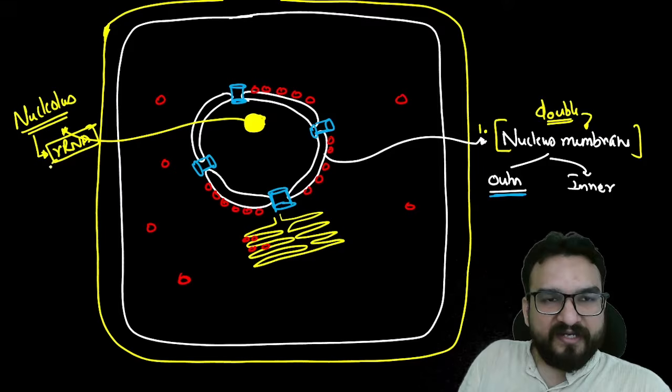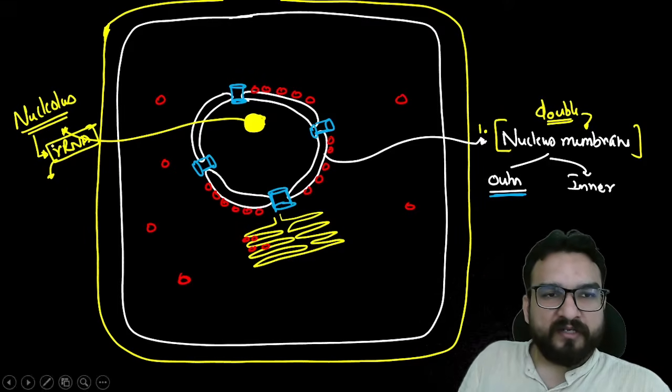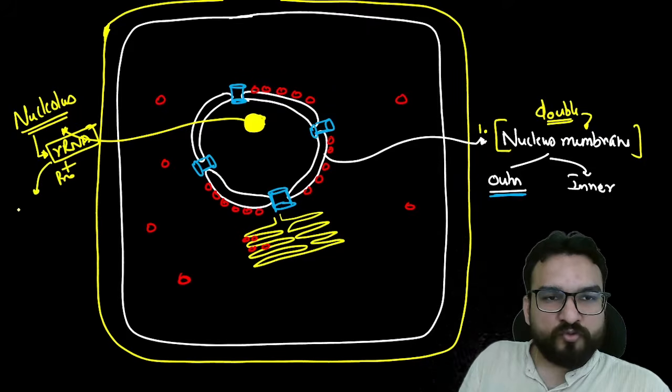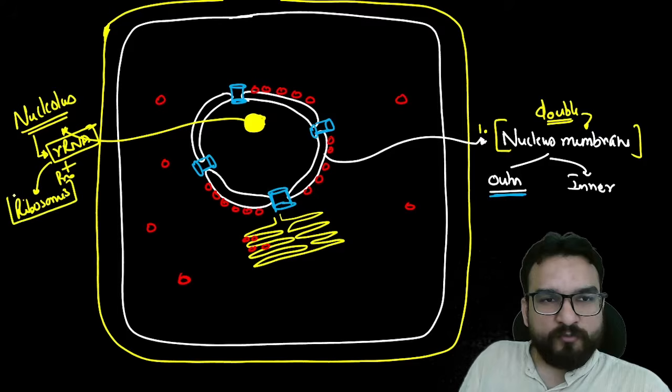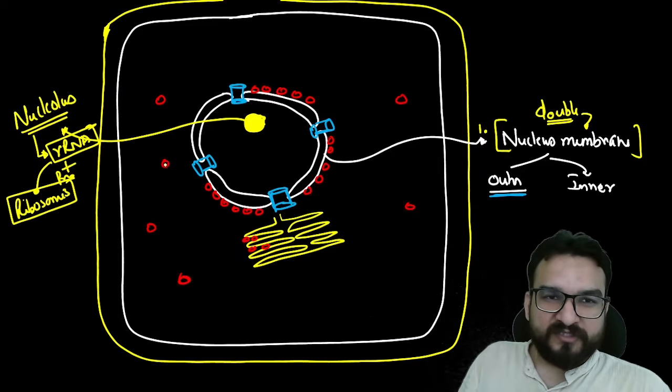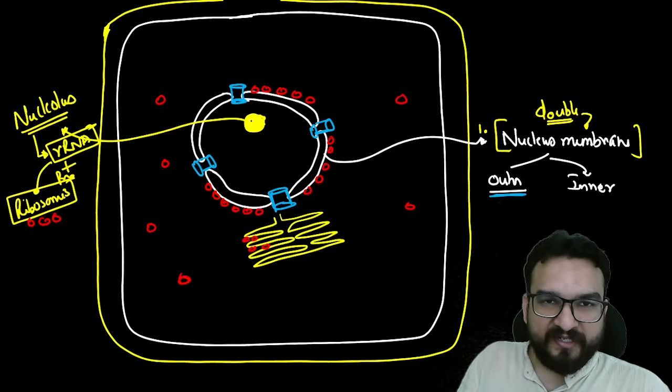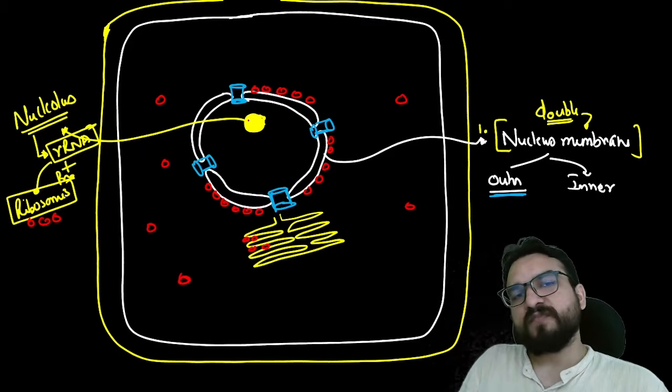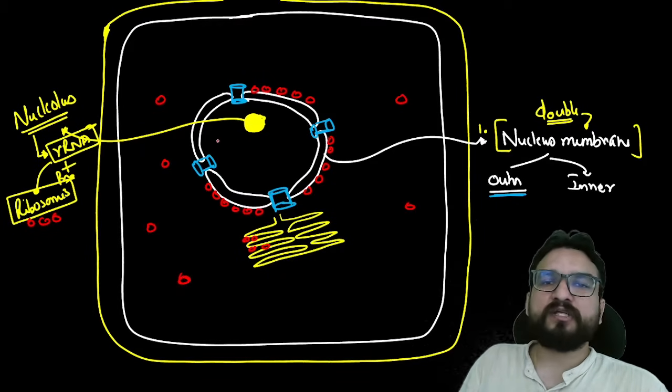And rRNA combines with certain proteins and gives you ribosome formation. So the major role of the nucleolus is to form ribosomes, not rhizobium, I'm really sorry, that is a bacteria. Ribosomes, these red color things you are finding over here, are created inside this nucleus, in the nucleolus.